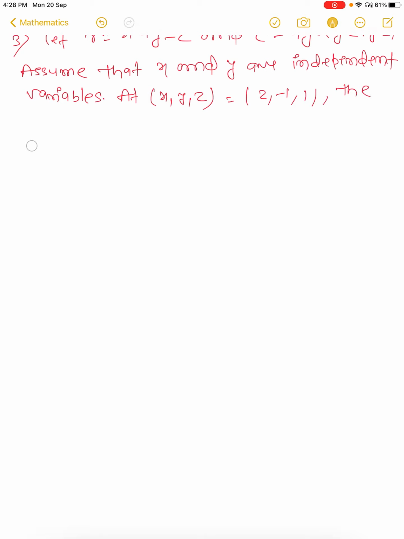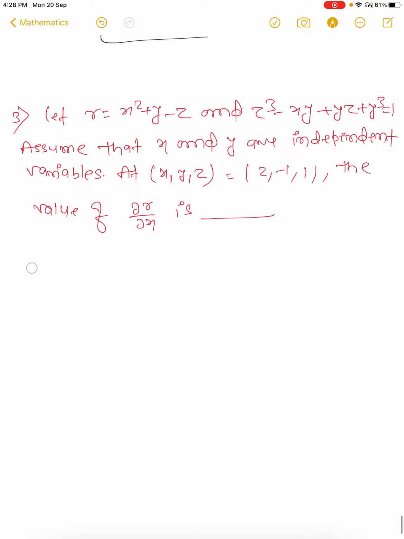The value of del r upon del x is, this one is GATE 2018 for 2 marks.